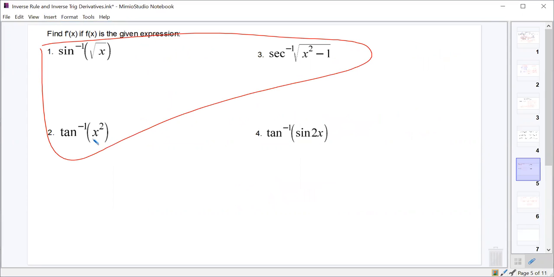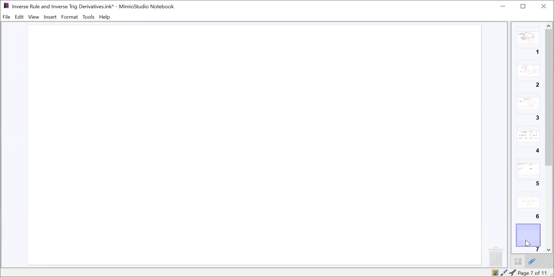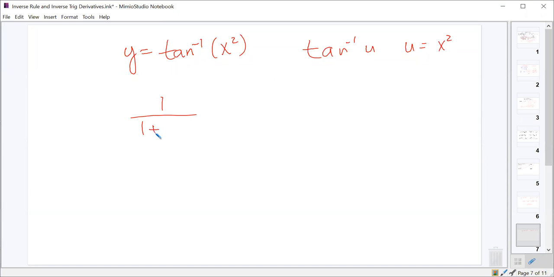So inverse tangent of x squared. This is the inverse tangent of u with u equal to x squared. So the derivative of inverse tangent of u is 1 over 1 plus u squared, and I'm just going to plug in the u as x squared right off the bat.